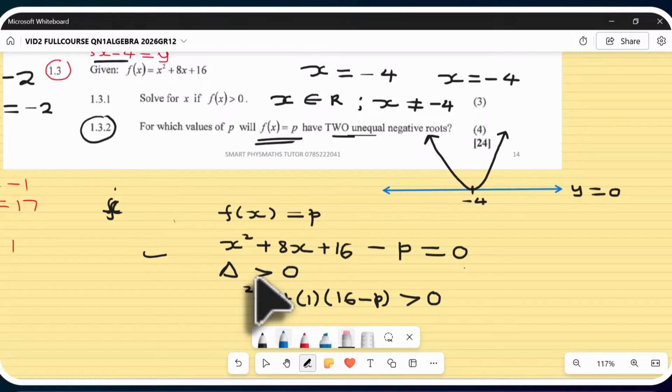So the next part of the question says, apart from being unequal, the roots must be negative.